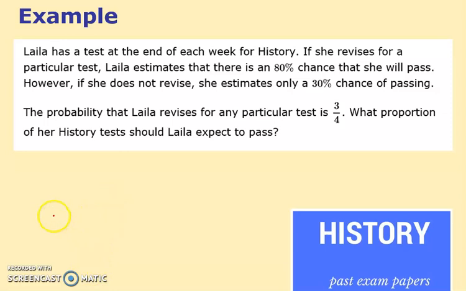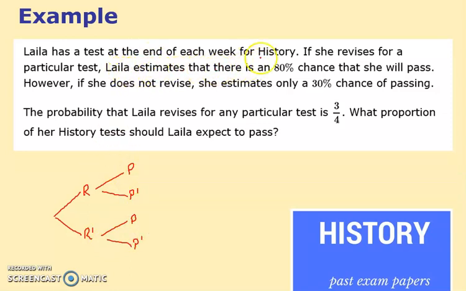Okay, so my gut feeling, without even really seeing the question here yet, is that she revises or she doesn't revise, and then she passes or she doesn't pass. She passes or she doesn't pass. That's what I think this is.